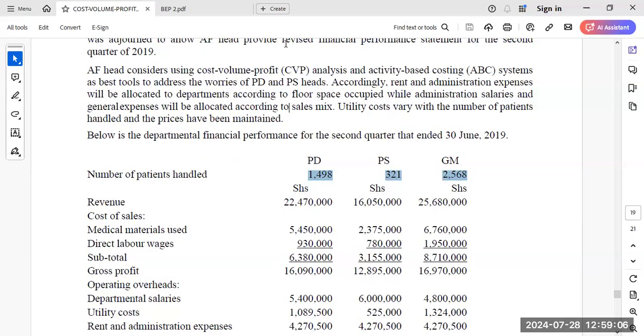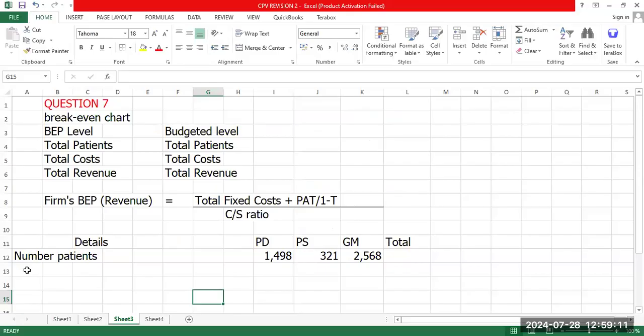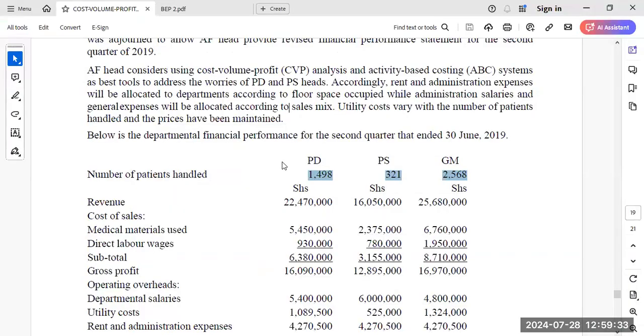Okay. Then from that, I am given revenue. If you don't want to waste time, you can put your amounts in 1,000s this side. Or if you see that it will confuse you, then work in 1,000s. You copy the figures here, revenue, all the figures are here, put them that side.